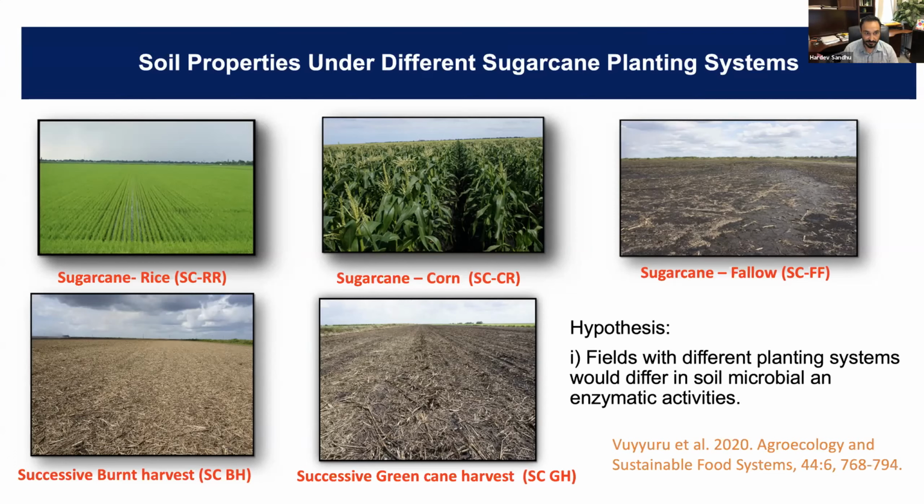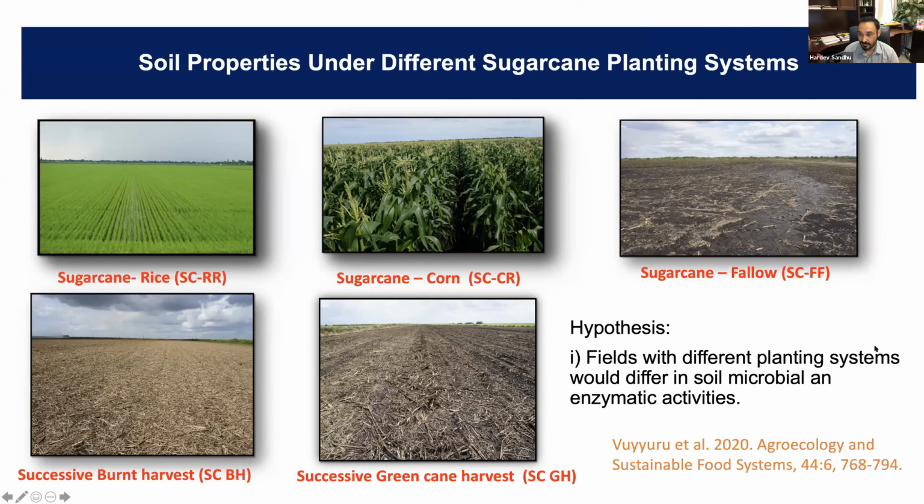In green cane harvest, it's harvested green so that there's no burning, and then it leaves a thick layer of sugarcane trash on the soil surface after the cane is harvested, and then that harvest residue or trash is incorporated into the soil.